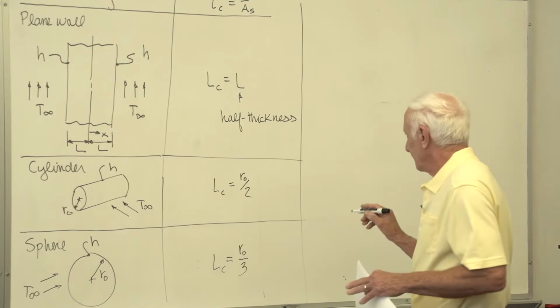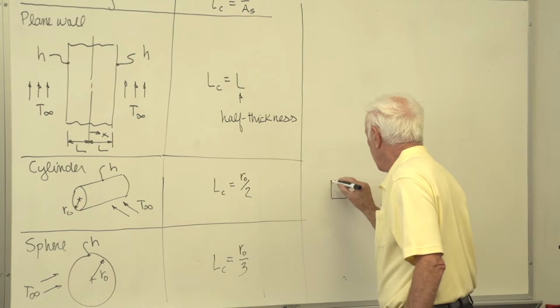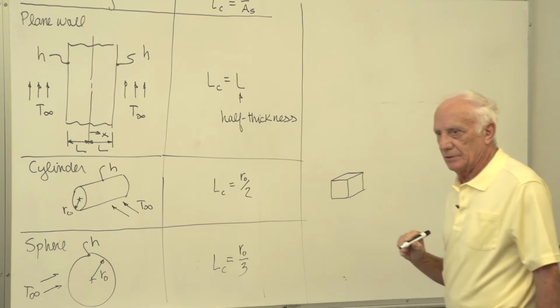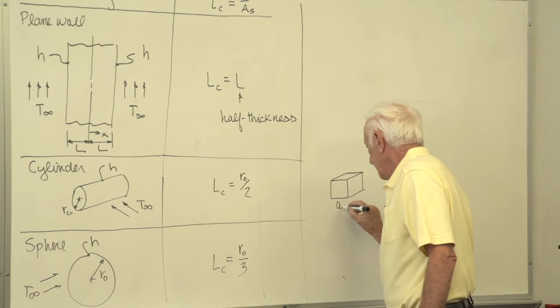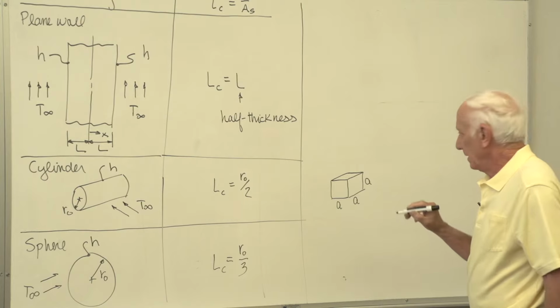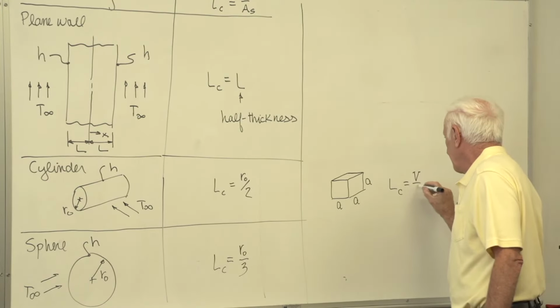For instance, what if I had a cube of aluminum? Each side, a. L sub c is volume over surface area.